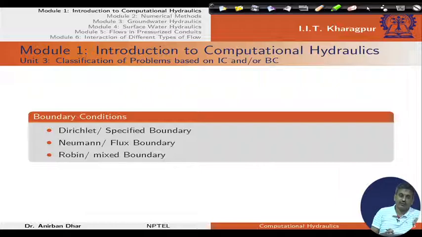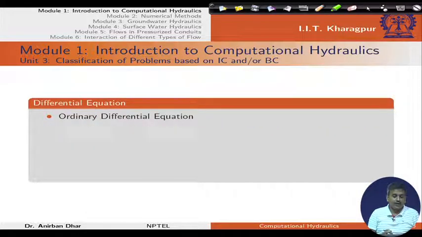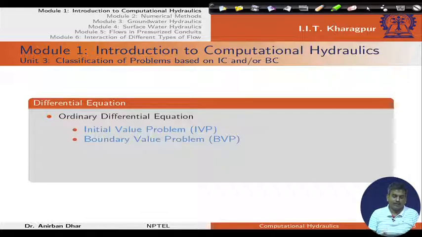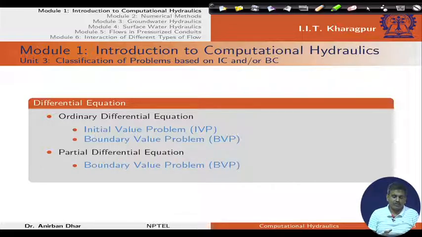We restricted ourselves to the Dirichlet and Neumann boundary conditions in this particular course. We also classified initial value problems, boundary value problems, and partial differential equations with boundary value problems, that is, initial boundary value problems.